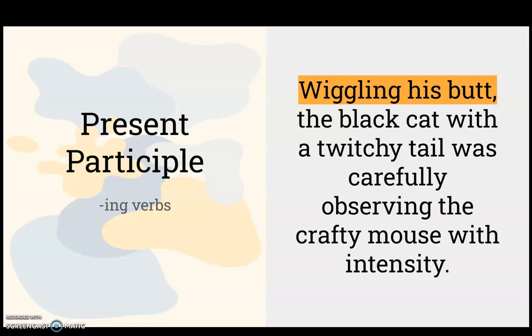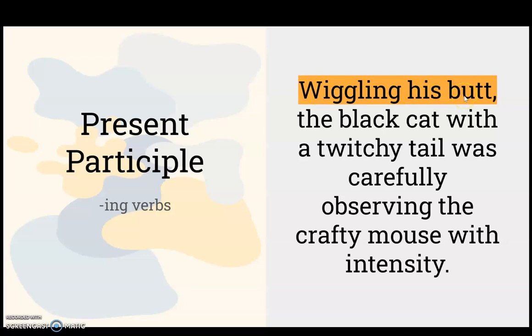Another type of phrase is the present participle. This is an ing verb style verb. It's usually not our main verb in the sentence. So was carefully observing is still our verb in the sentence, but we still get some action here: wiggling his butt.